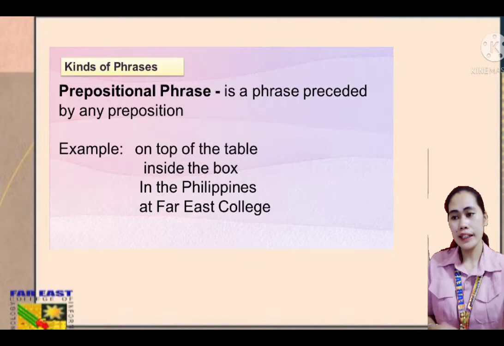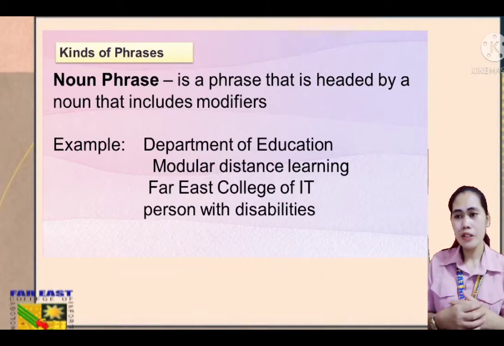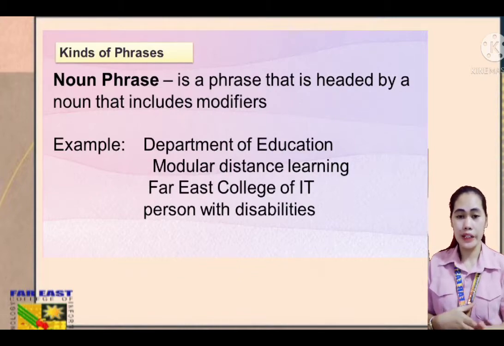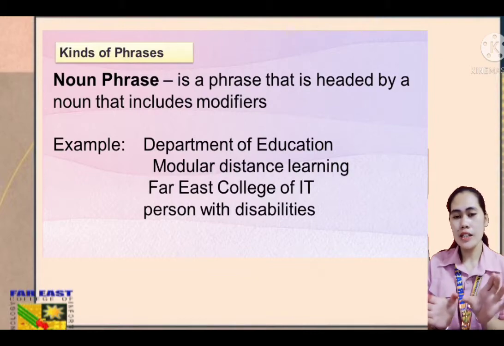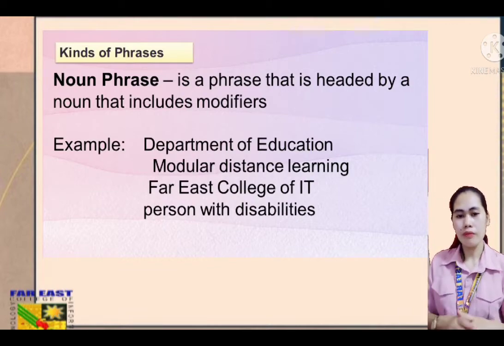Next is the noun phrase. When we say noun, what is a noun? A noun is the name of a place, a person, a thing, or an event. A noun phrase is a phrase headed by a noun that includes modifiers. That means a noun phrase has a noun and it also has modifiers, words that describe the noun. For example, Department of Education.